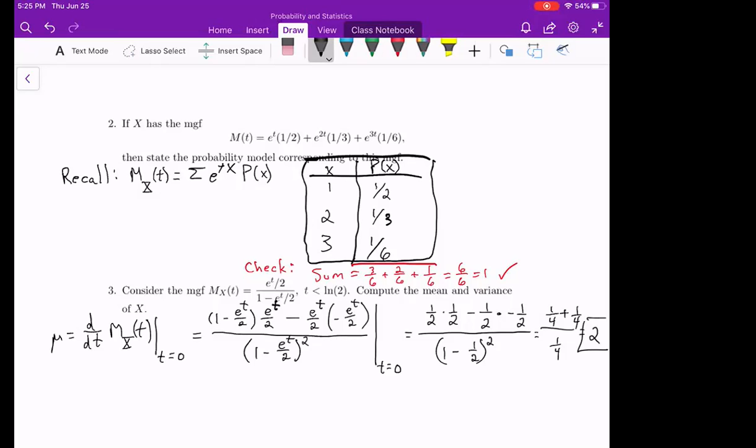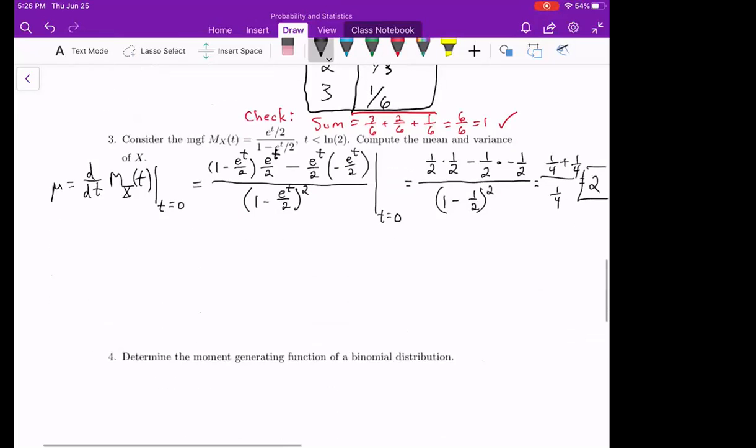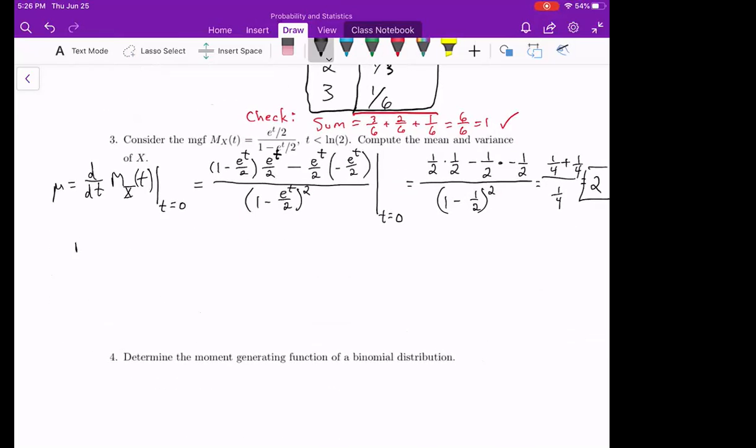So I know we're going to need to take the derivative again, which is why I said now that we have the first derivative, it's going to be advantageous to simplify before we take another derivative. So I'm going to do that here. M prime, as I work through, I see e to the t over 2 minus e to the 2t over 4.